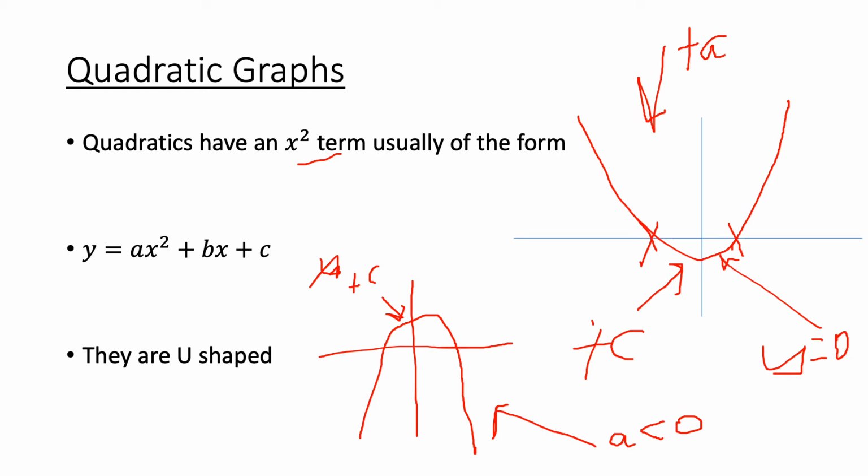Basically what it's saying is, where does it cross on the x-axis? When y is equal to 0, that is the x-axis. And similarly, when x equals 0, that is your y-axis.